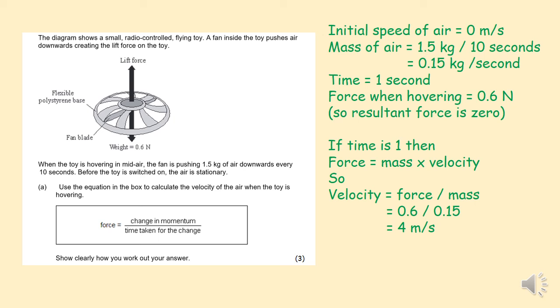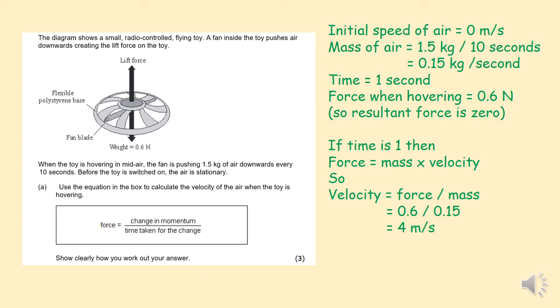So our initial speed of the air is 0. The mass of air is 1.5 kilograms every 10 seconds, which means every 1 second it's going to be 0.15 kilograms. So now I've got both my things in per second, meters per second, kilograms per second.